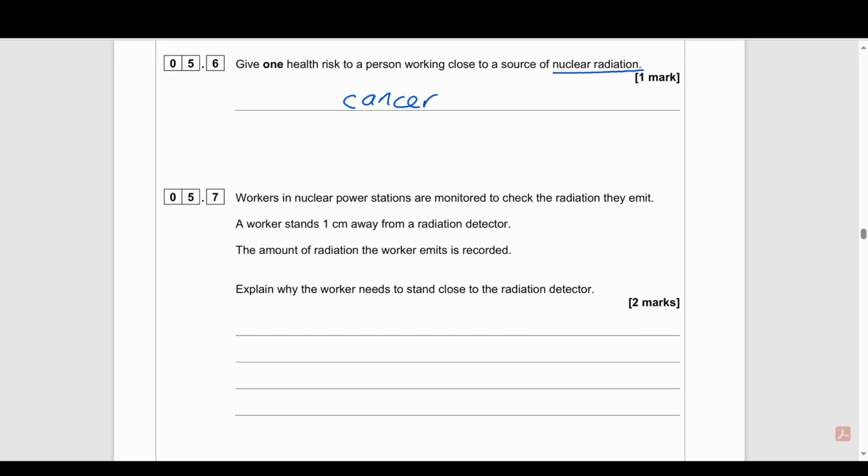If you know your history and the Chernobyl accident, which occurred in 1986, many people suffered from cancer and died as a result. And also the children of those that were exposed to radiation were having further health issues, such as being born without limbs, and an increased risk of developing cancer themselves.